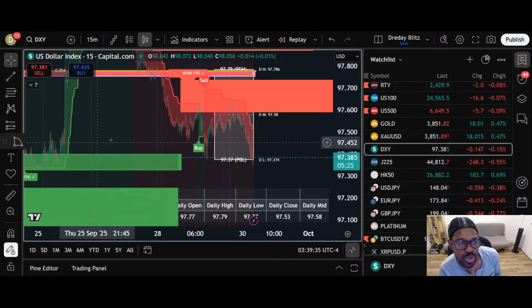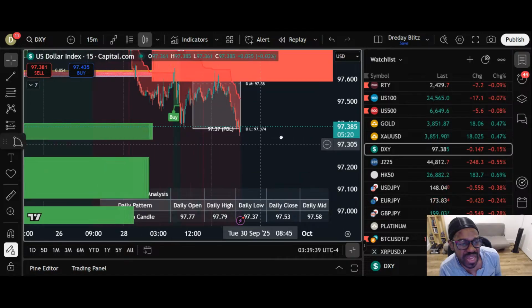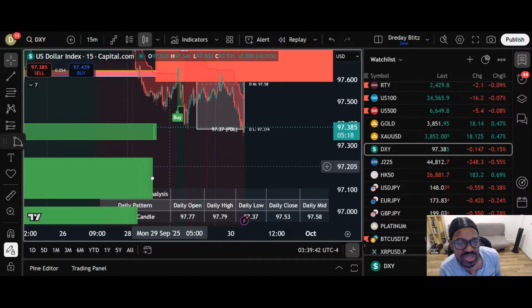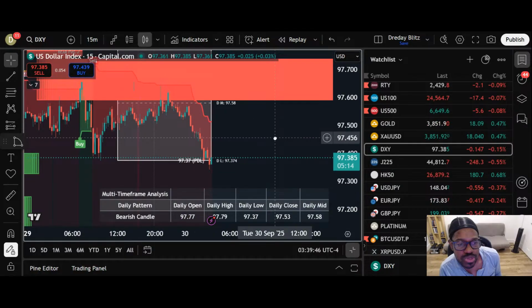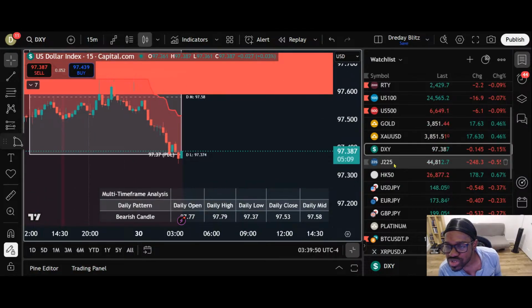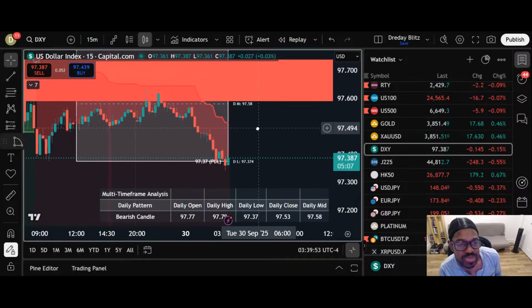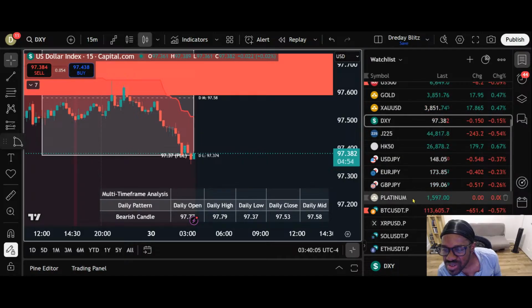We had a bullish fair value gap right here that is pretty much passed. The next setup is another 4 hour fair value gap. That means we should be looking at Euro USD and GU to be buying those two. The reason is that if DXY is going down, anything against the DXY should be stronger than DXY. DXY is the US dollar, if you didn't know.